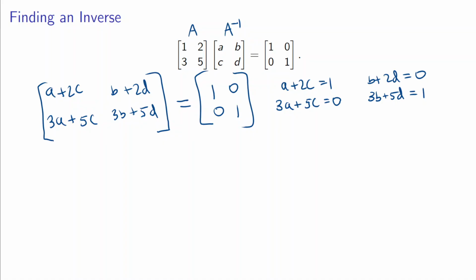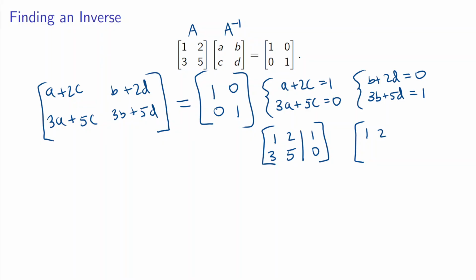However, what we actually have is really 2 sets of 2 equations and 2 unknowns, because the equations with a and c don't interact with the equations for b and d. So we can solve these as 2 separate systems. The augmented matrix for our ac system would look like that.